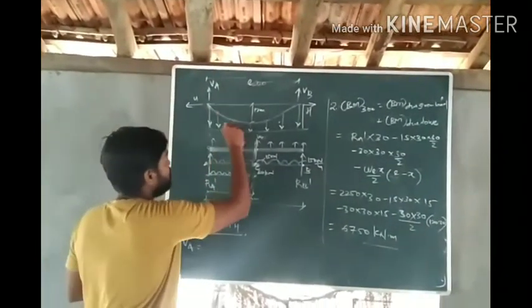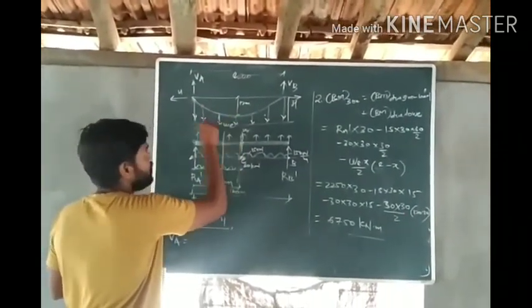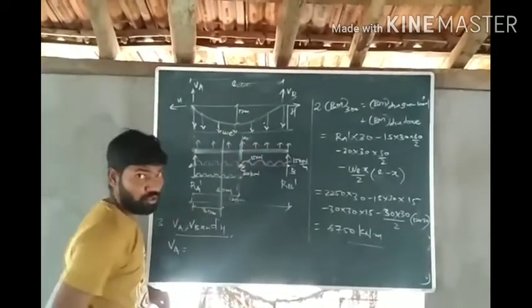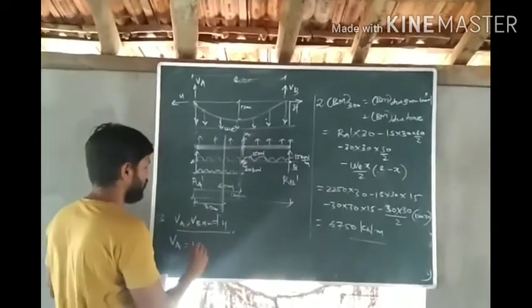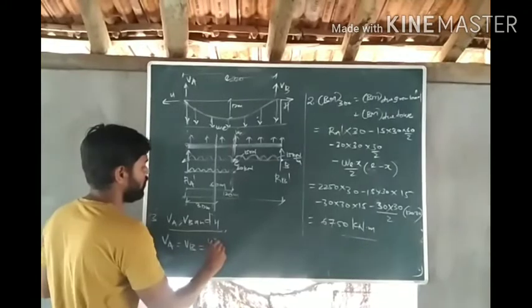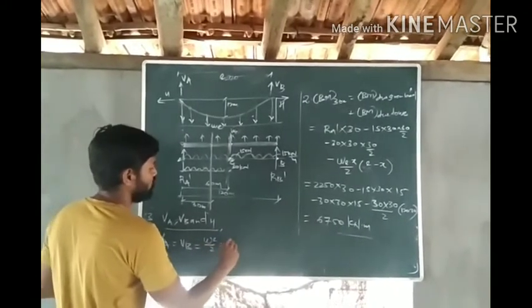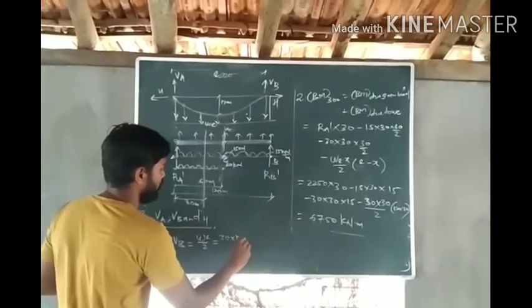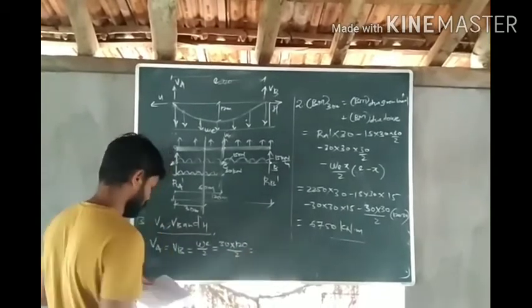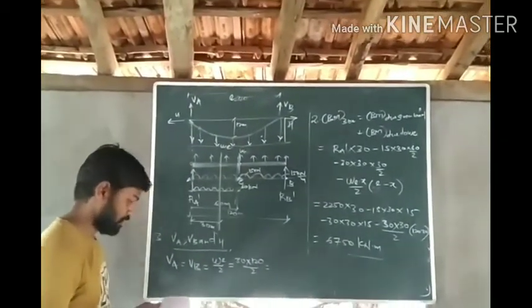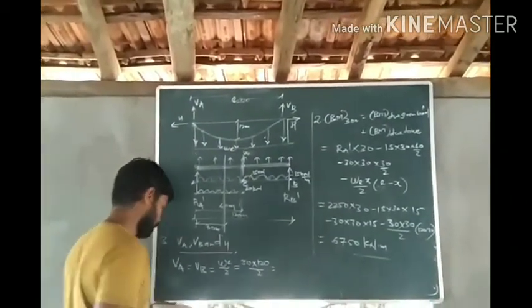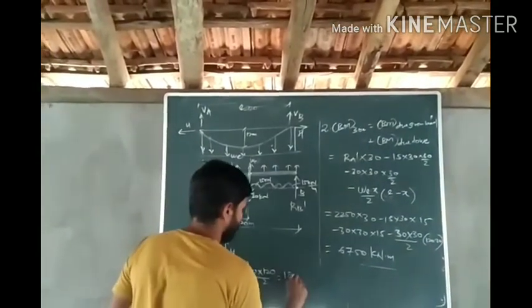So this cable is subjected to UDL. UDL चा मॅग्निट्यूड काय आहे? WE, that is 30 kilonewton for our case. So VA is equal to VB is equal to WL by 2. So W is 30, L is 120 divided by 2. So it is 1800.